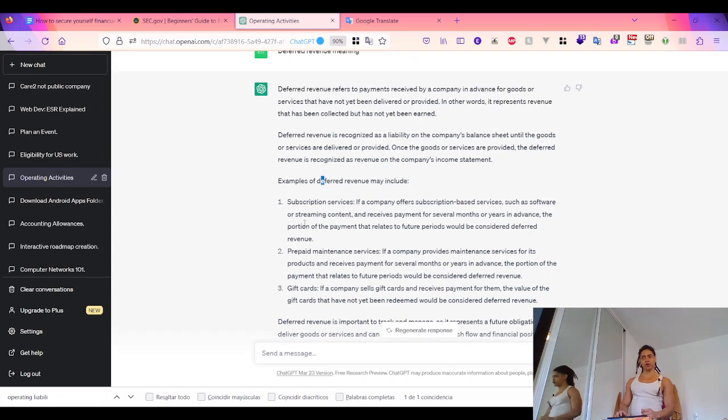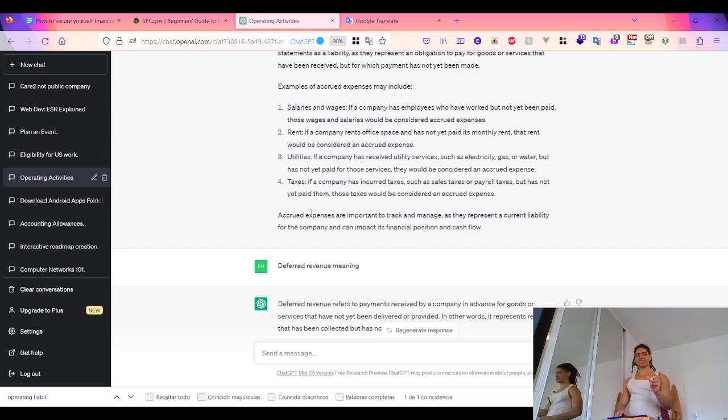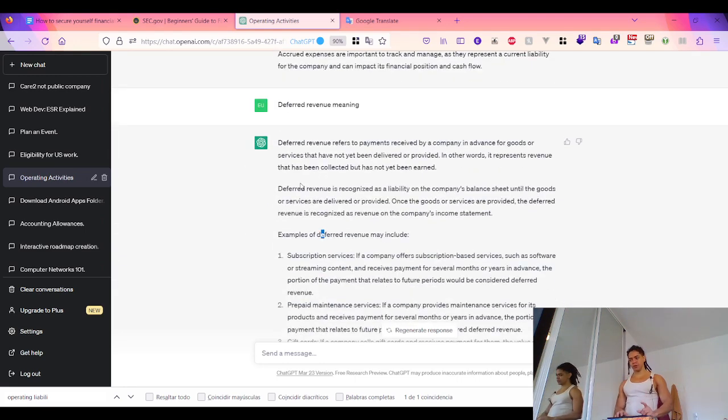And deferred revenue, because one of them is accrued expense and the other is deferred revenue. It refers to payment received by a company in advance. These are payments that a company receives in advance for goods and services that have not yet been delivered or provided.